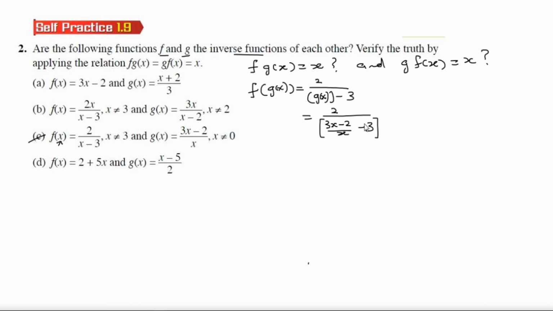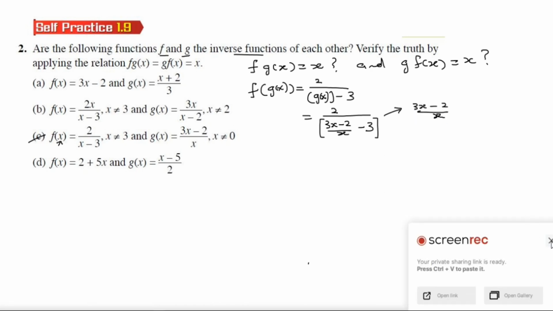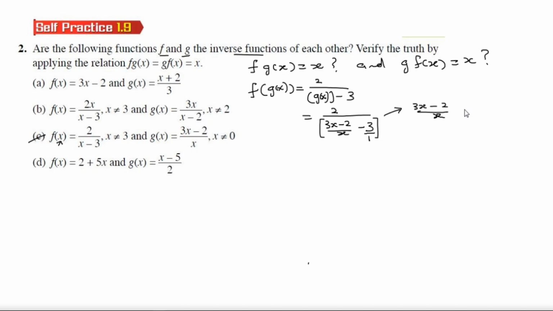我们先一步步来做，我们先简化它的分母。So the denominator, (3x minus 2) over x. And to take note here, their denominators are not the same. This is x, this is 1. How to find the common denominator?